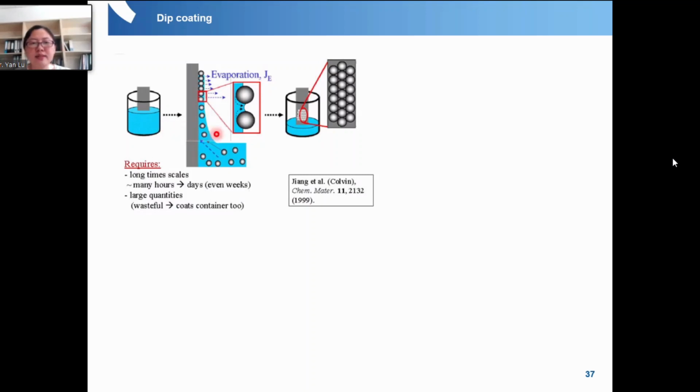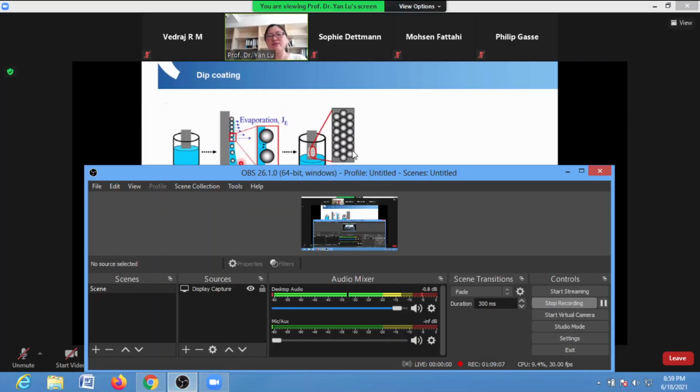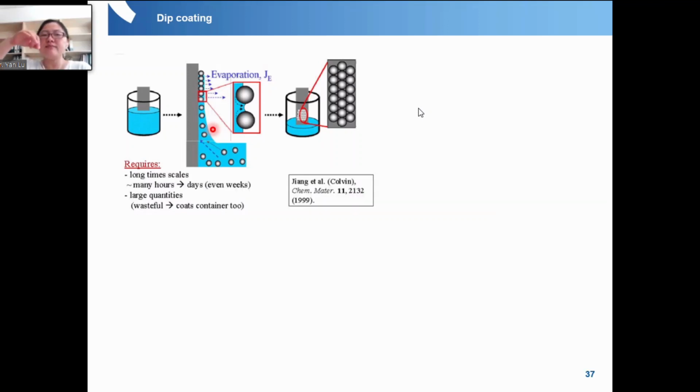Of course you will get nice structures with this method, but unfortunately for industry application it's kind of impossible, because it takes too much, and when you pull out your substrate, you should not disturb it. This is a big problem, because we also did this in our labs.